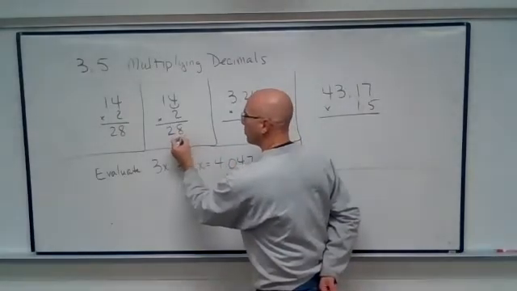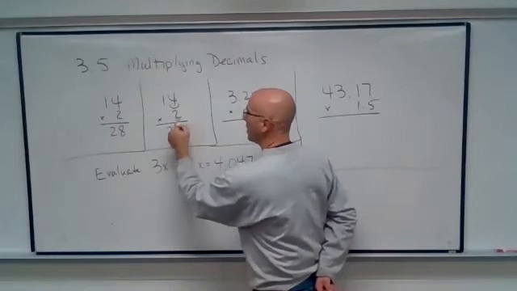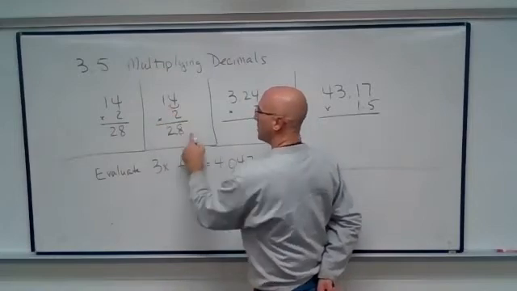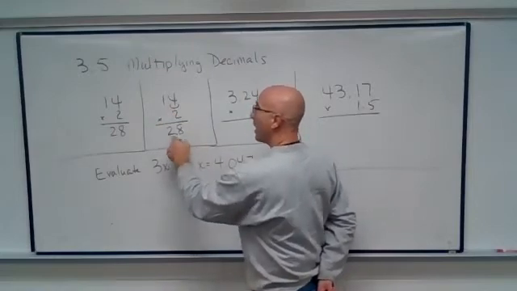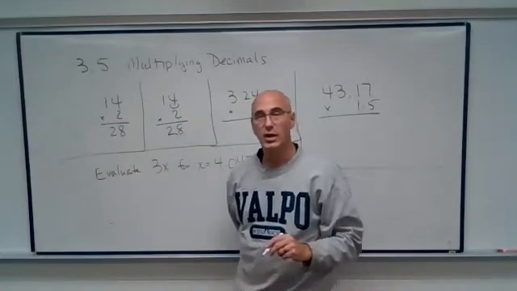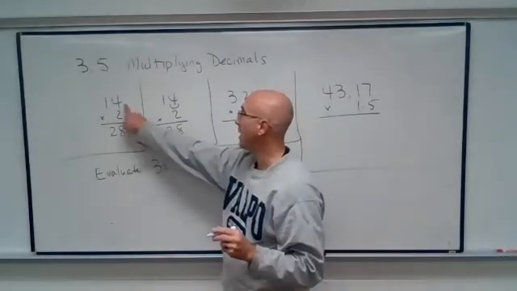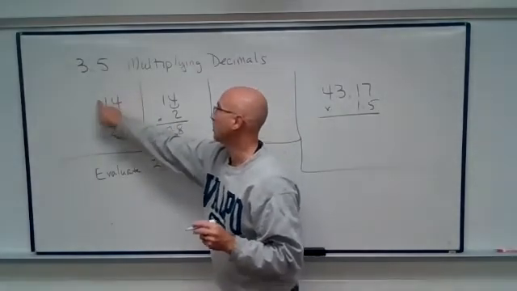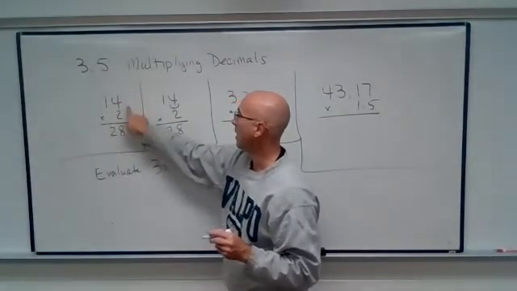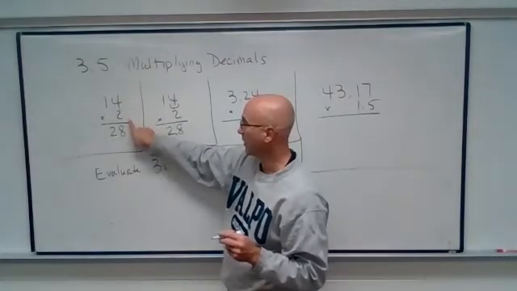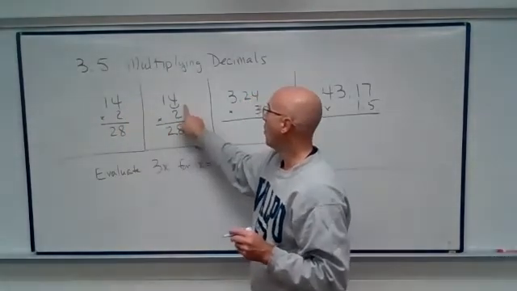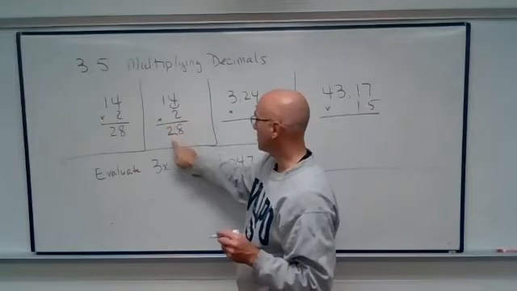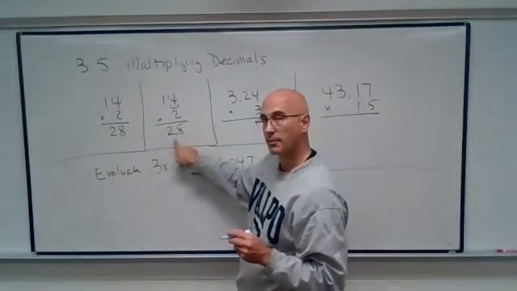So we move it to here. Our answer is 2.8. So we see the difference: there are no digits after a decimal in the first problem, so it's 28. One decimal place means we move it the same amount.